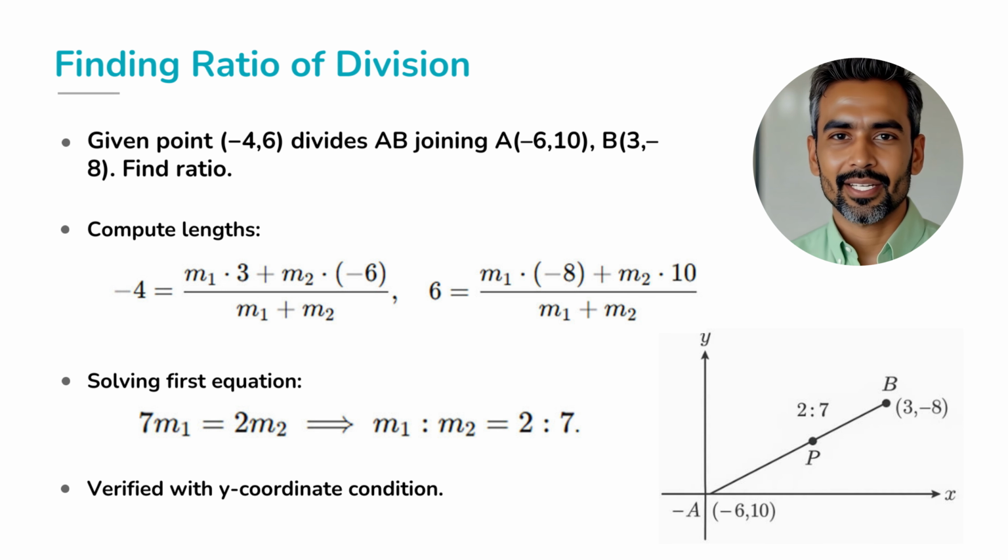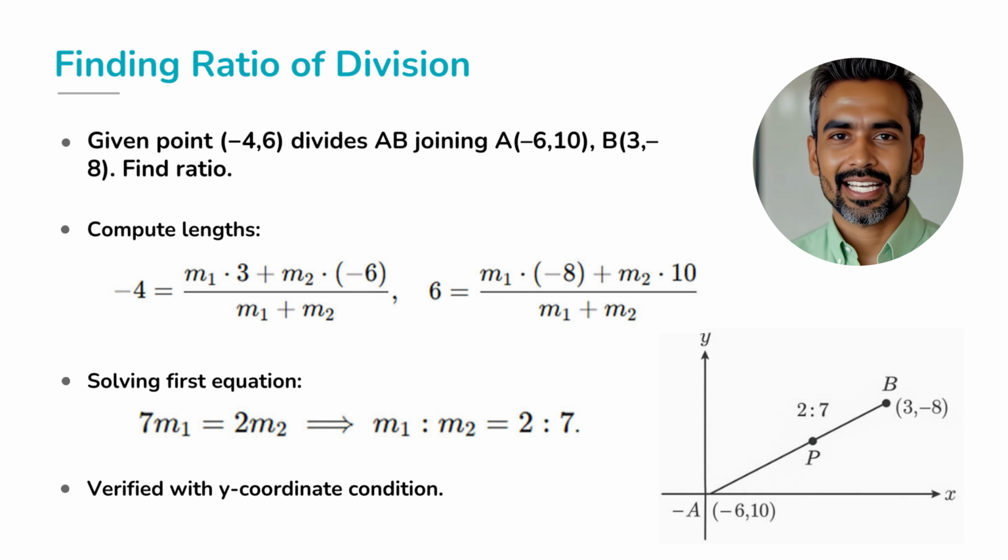Now, let's flip it. Suppose you find a point already sitting on it, say -4, 6, between A at -6, 10 and B at 3, -8. Question, in what ratio is it dividing? Let's assume ratio m1 is to m2.